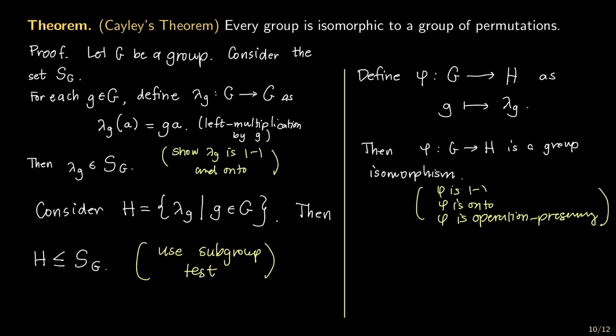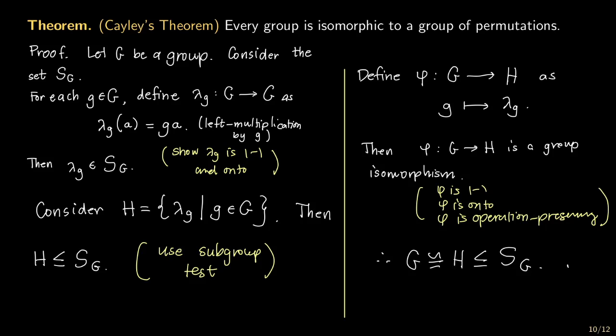The details are in your lecture notes if you want, but I suggest that you do the proof on your own and then try to compare it with how I do the details. Okay, therefore as a conclusion, G is isomorphic to H, which is a subgroup of S sub G.